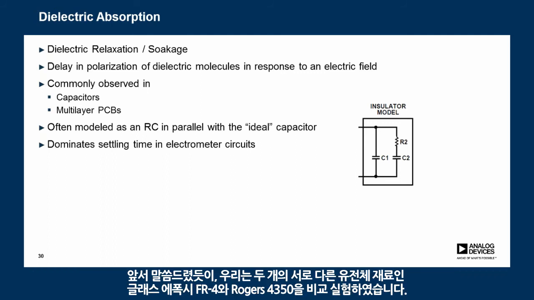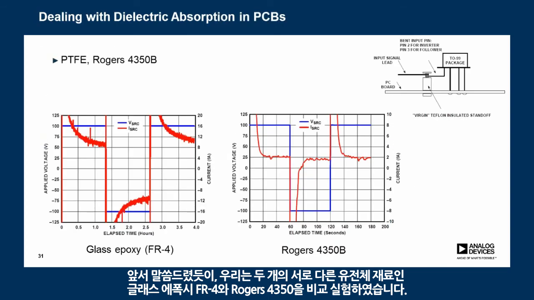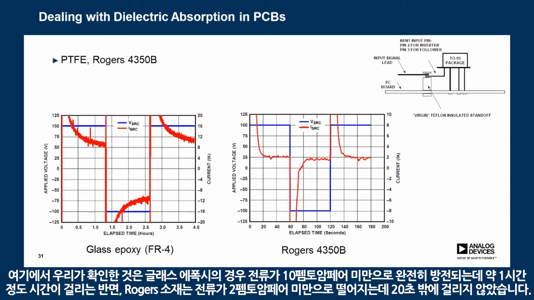Again, we did an experiment in lab comparing two different dielectric materials, glass epoxy FR4 and Rogers 4350. What we found is that for glass epoxy, it takes about an hour or so to dissipate the current to less than 10 femtoamps, whereas for Rogers material, it only takes about 20 seconds to dissipate current down to about 2 femtoamps.